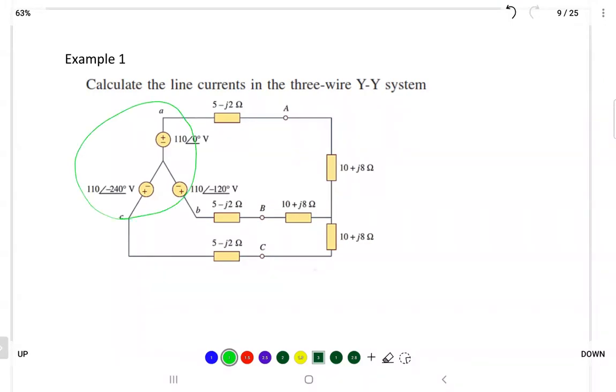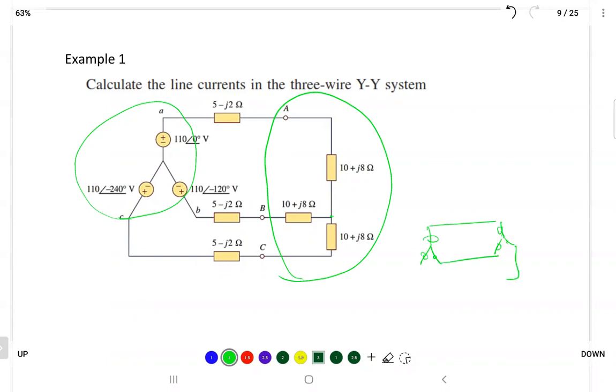And then that's the load. Also, the load is connected as star. How do I know it's connected as star? Because they all connect at one point, the neutral. So I know that's star. So simply you have a star source and a star load, and you connect it by transmission line, and it's a very normal situation.